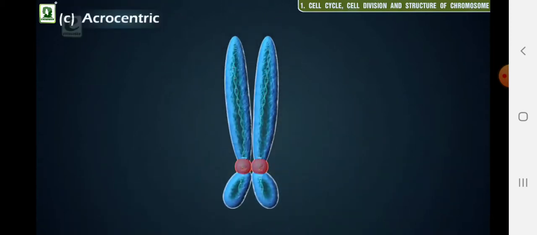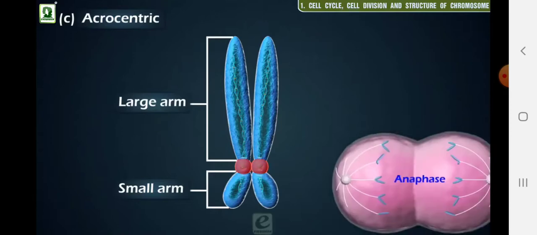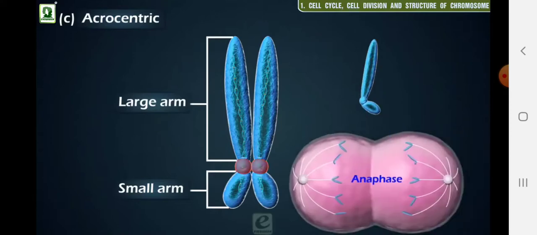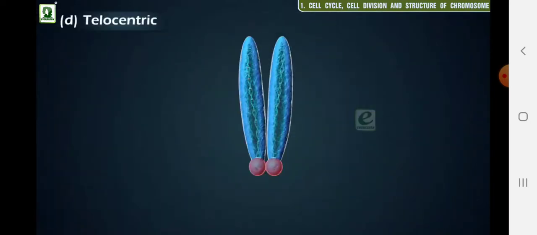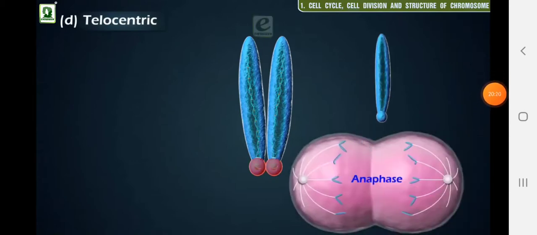The centromere is present near one end of the chromatid so that one arm is very much larger than the other. Such chromosomes look J-shaped during anaphase. Telocentric. The centromere is present at one end of the chromosome so that it looks I or rod-shaped during anaphase.